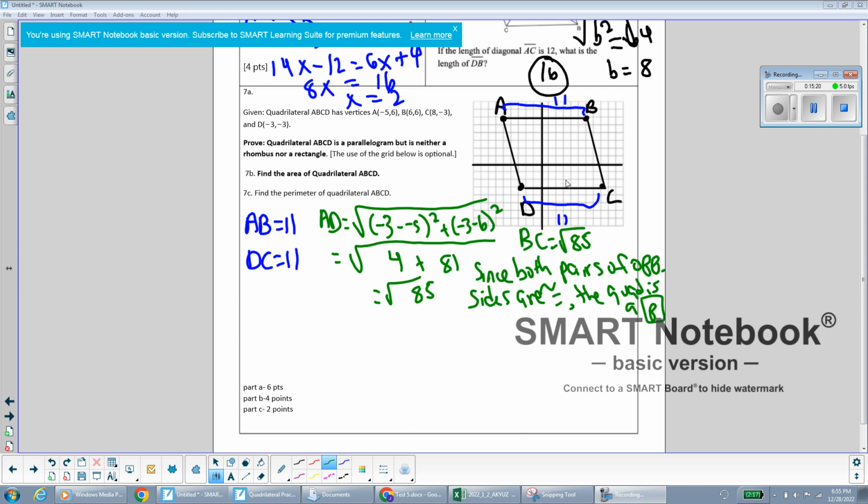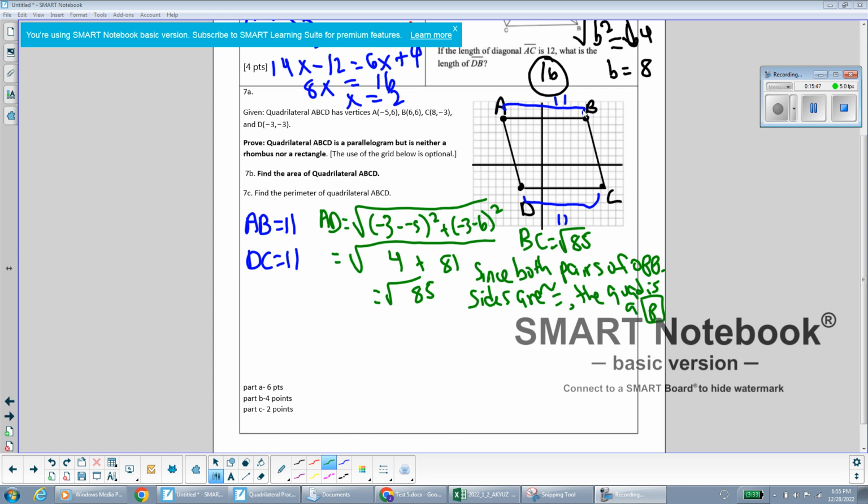Finally, you could have drawn in diagonals DB and AC, and found the midpoint of each. If the midpoints are the same, which they will end up being, you'll know that you have a parallelogram because the diagonals bisect each other. If they have the same midpoint, that means that they cut each other in half.